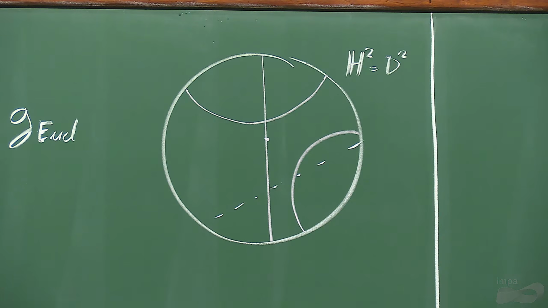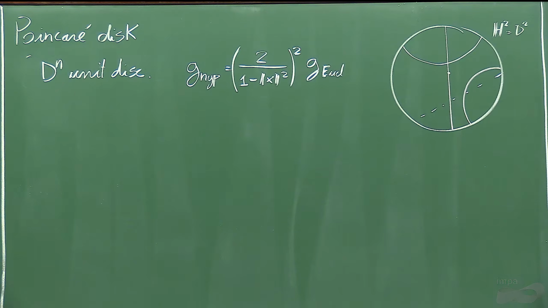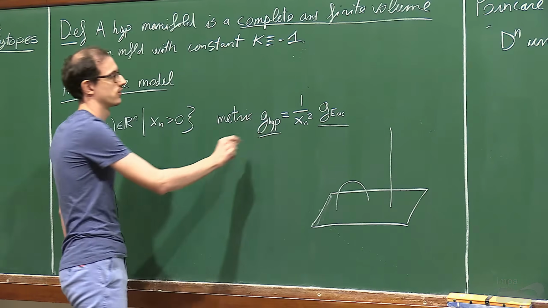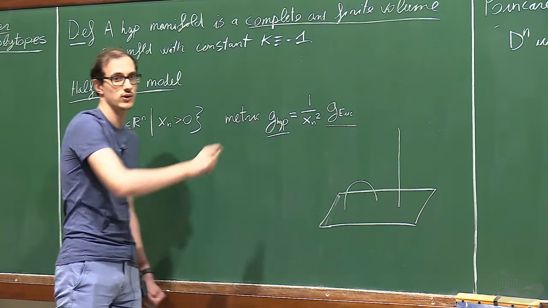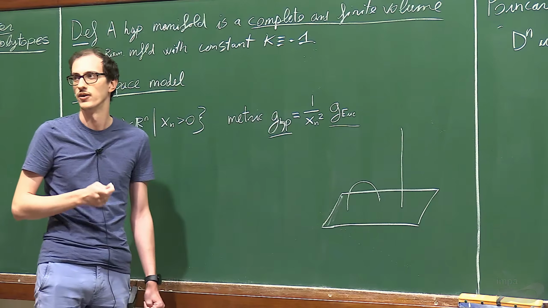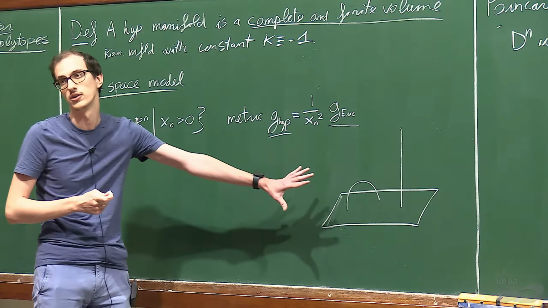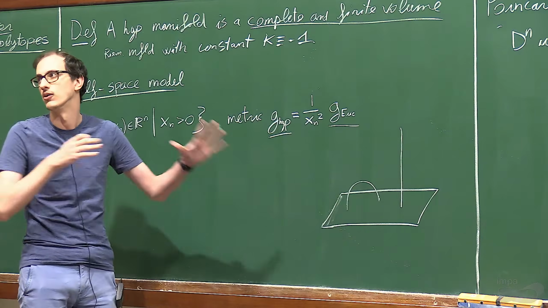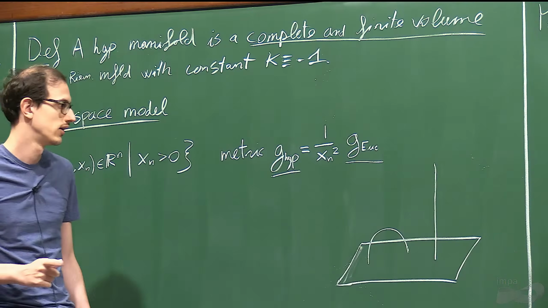Why do I care about this model? What does it have that is better than the others? It is the fact, you can see it here, that the tensor is just a multiple of the Euclidean one, so it's a conformal model. So the angles that you see in these models are actually the angles of the object you see.